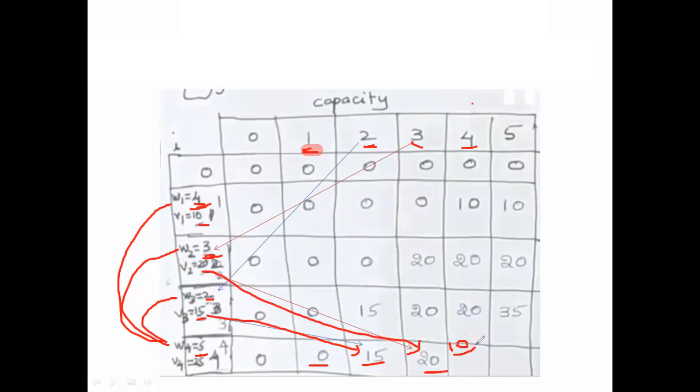This value is minimum. We have to write the maximum value. So for 4 kg remaining, we don't have any 4 kg bag. So that time the same value you must write here. 20. Okay. Same value.